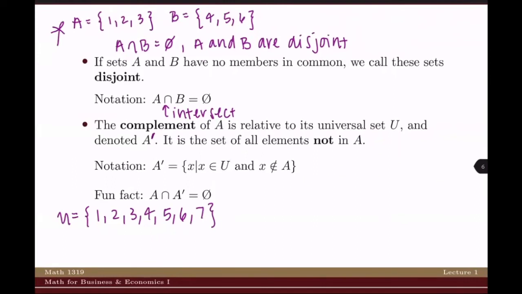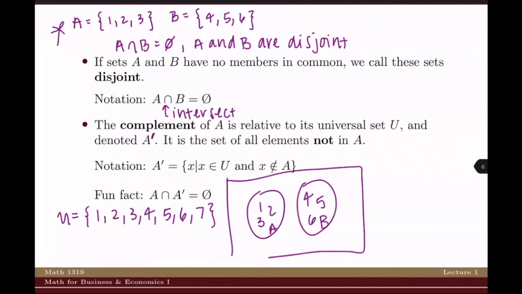So that means I have 1, 2, 3, and this is set A. I have 4, 5, 6, this is set B. And they all live inside my universe, which has a 7 because it's in neither A nor B. So A complement are all the numbers that are in U but not in A. So since 1, 2, and 3 are in A, they cannot be in A complement.